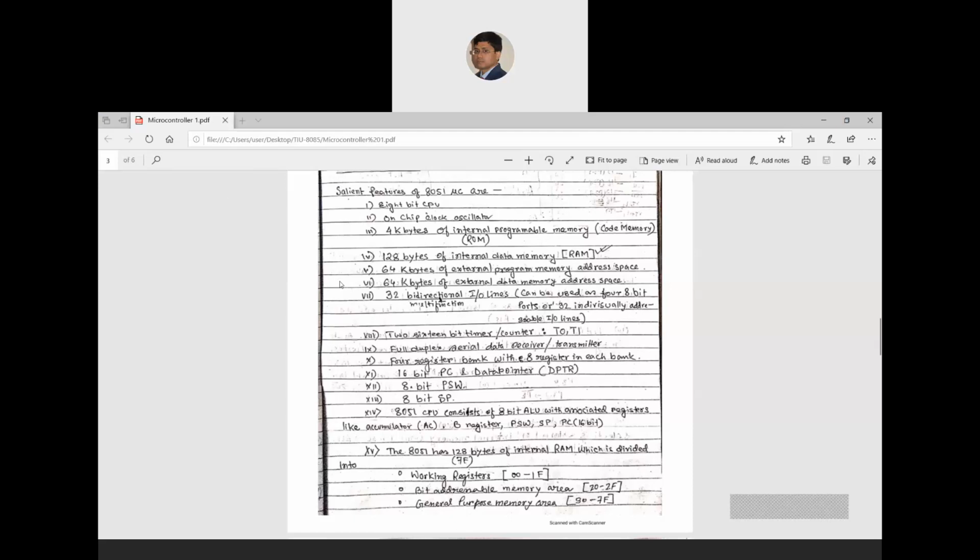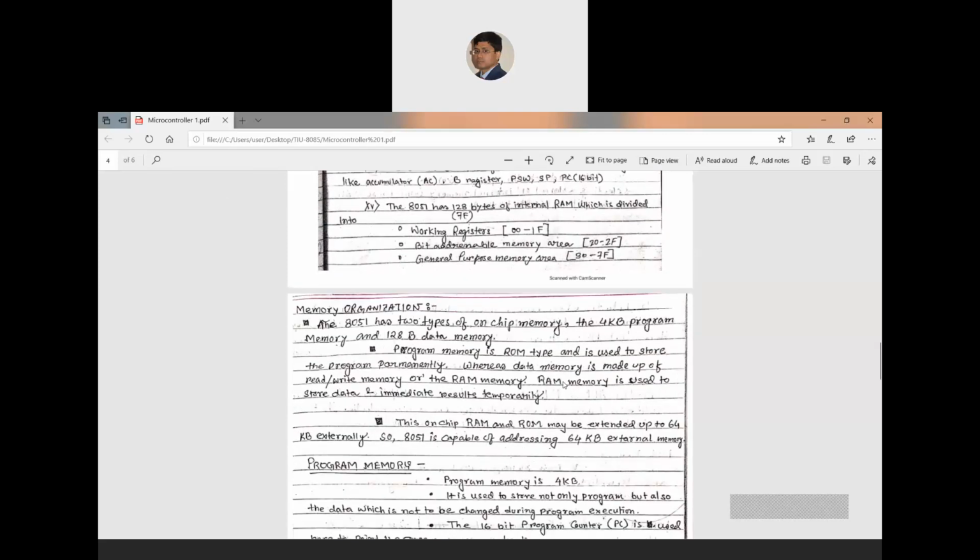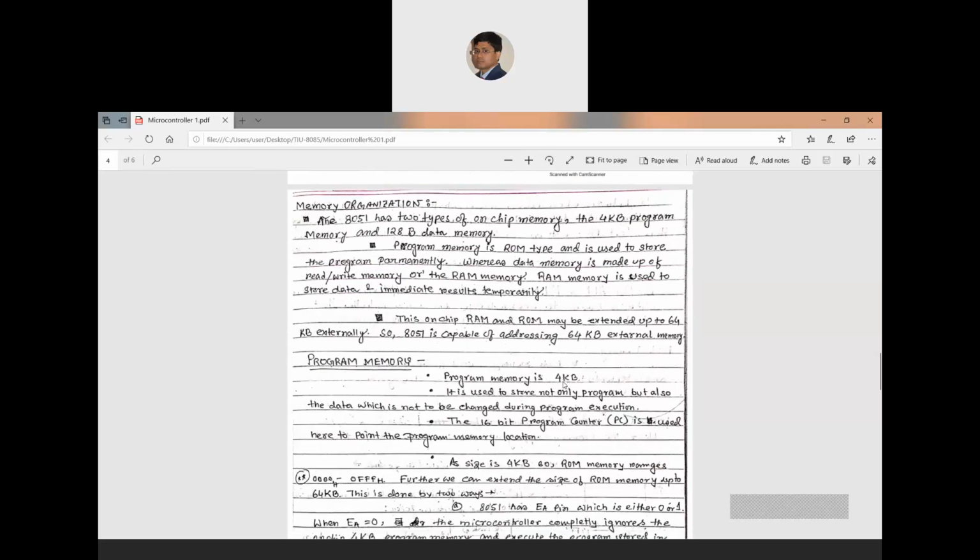Now, depending on this discussion, I am going to do memory organization. In the memory organization, we can see how these internal RAM and ROM structures are placed, which signals this microcontroller uses to access them, and how the microcontroller supports expansion of that RAM and ROM structure.